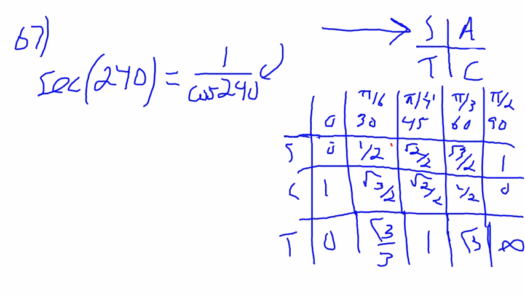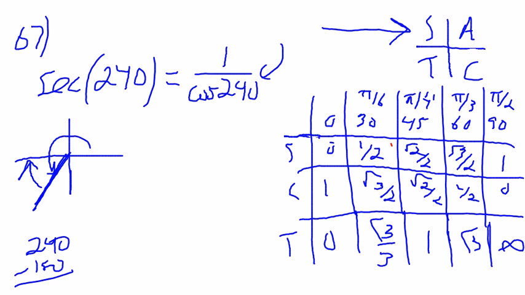If it's just a regular number, I do 1 over it. So I'm going to talk about trying to find the cosine of 240. So I'm going to plot it. 240 is between 180 and 270, so that puts it down here, like that. I need to look at the reference angle, which is coming back up to the axis. I do 240 minus 180. That gives me 60. So it's a 60-degree reference angle.